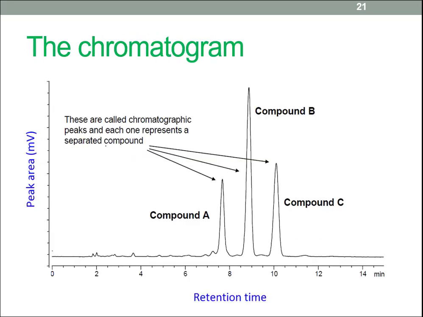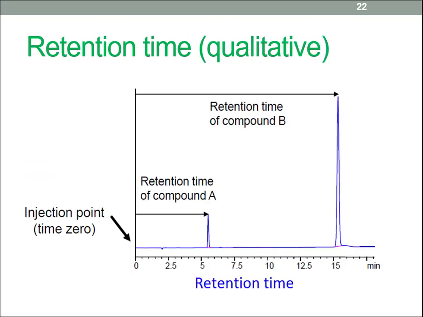The chromatogram, and that's a nice looking one, has retention time along the x-axis and peak area on the y-axis, and they all look fairly similar. The retention time, which is a qualitative measure, indicates what compounds are present but tells us nothing about their concentrations. We get that information from the peak area.